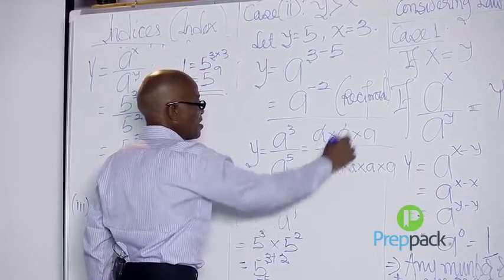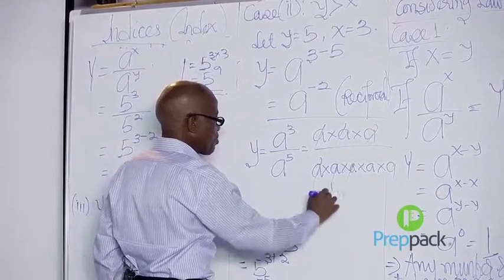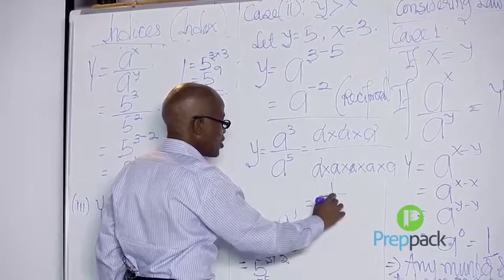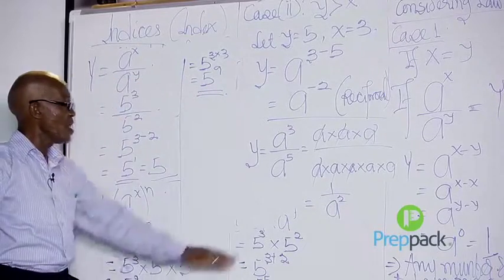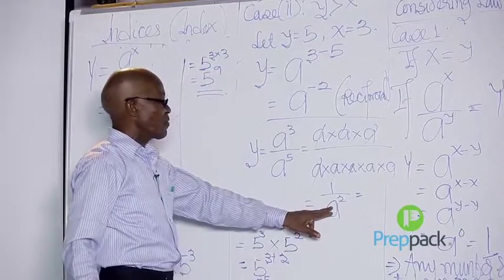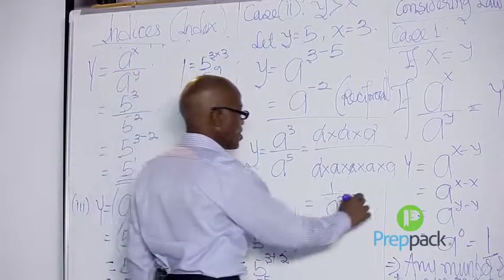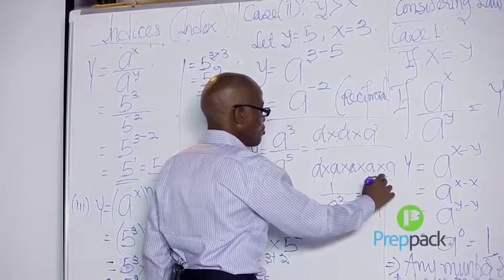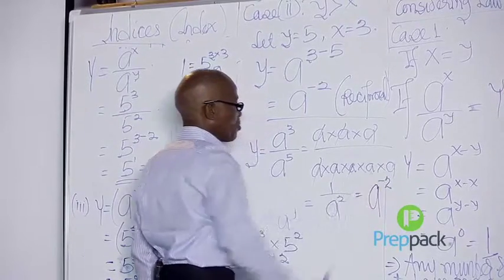Looking at this, this becomes 1 over a raised to power 2. So the reciprocal of a squared is the same thing as a raised to power minus 2.